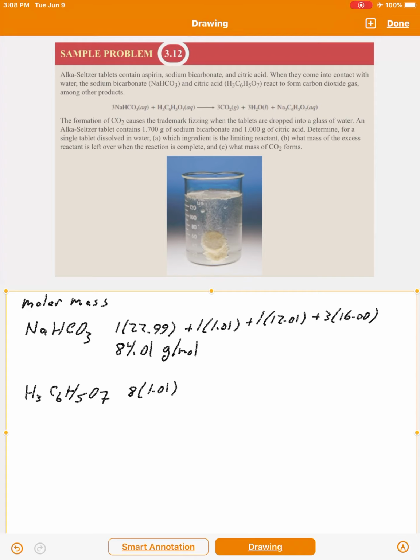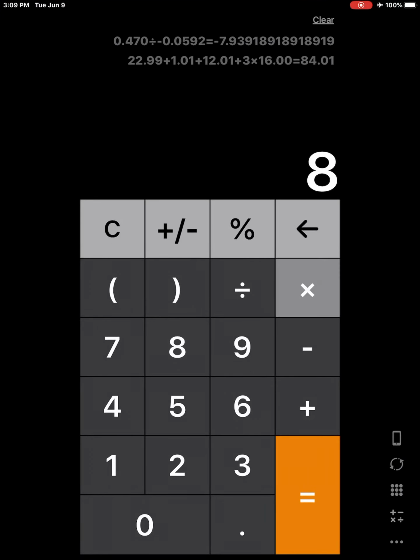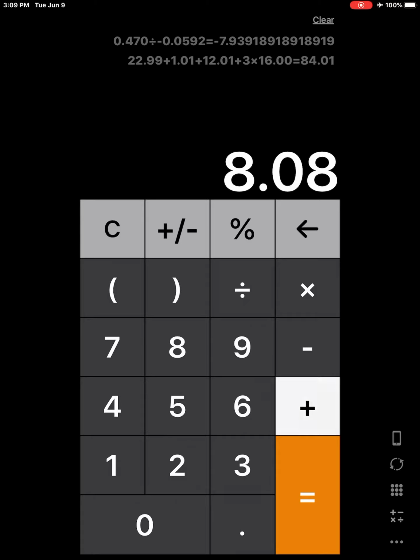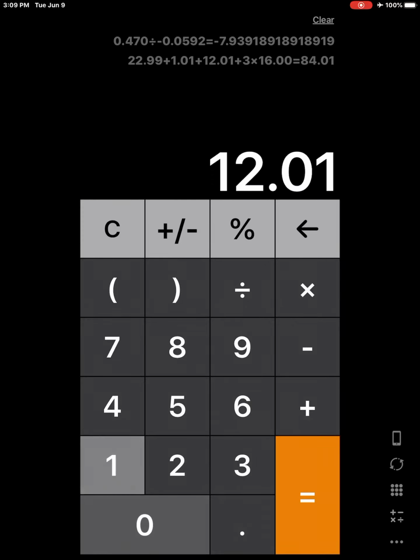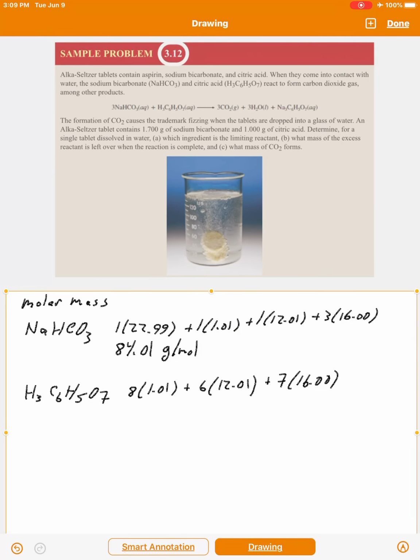So 8 times 1.01, plus 6 times 12.01, plus 7 times 16.00, 192.14. And again, that's in grams per mole.